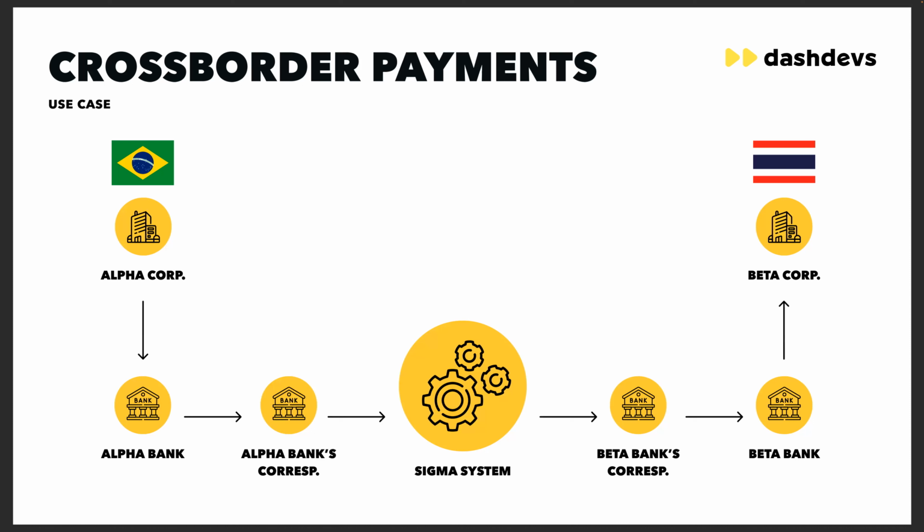So in this case, we have 5 intermediaries that are sending the money, let's say each of them using 1 day for processing and 2% per transaction. So at the end of the day, you have minus 10% of the amount that you have sent, and you have spent 5 days for those transactions.